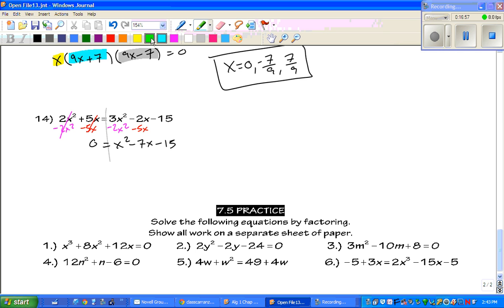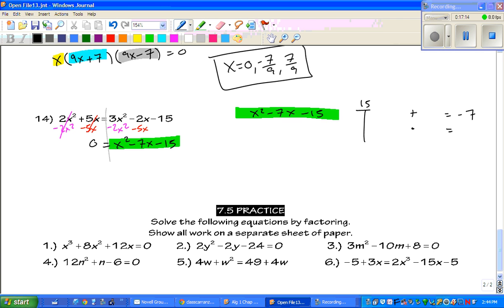Okay? So we're going to take this right here and bring it over here. So x squared minus 7x minus 15. And we want the factors of 15 and what adds up to negative 7 and multiplies to get to negative 15. Okay? 1 and 15, 3 and 5.